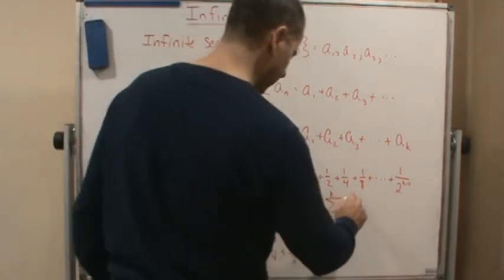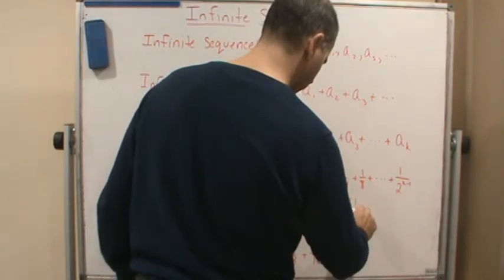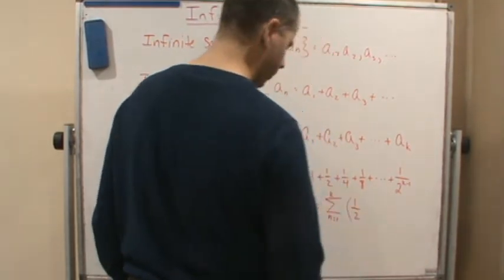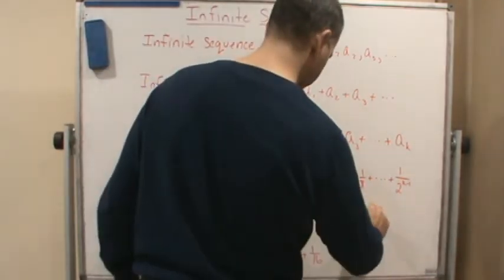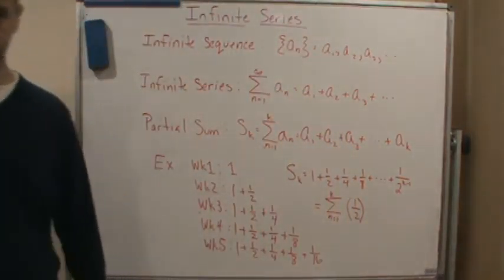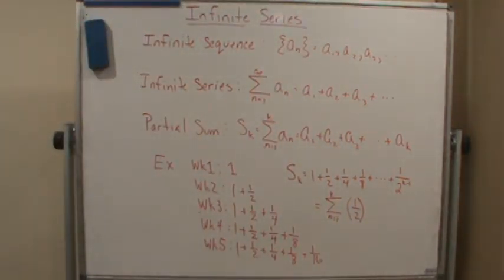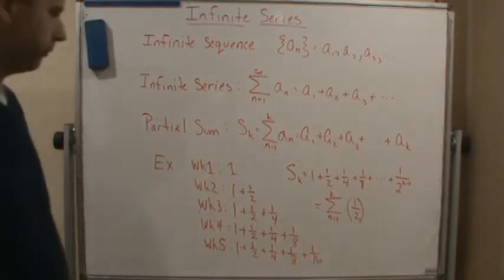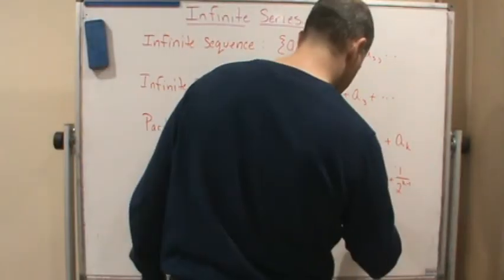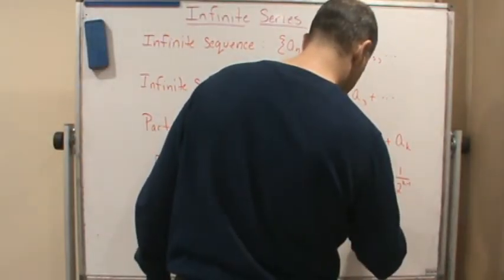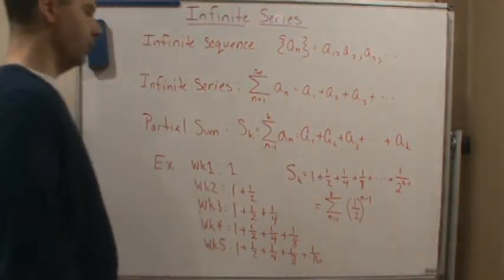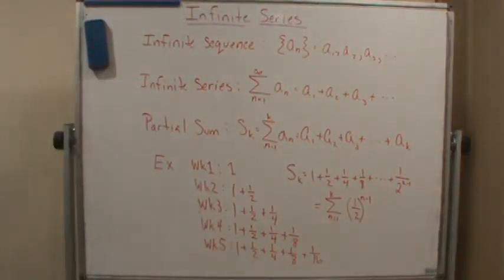This is going to be equal to 1 over 2 to the n minus 1. Okay? So that represents the partial sum for this example.